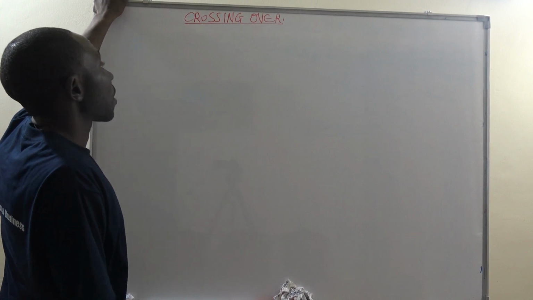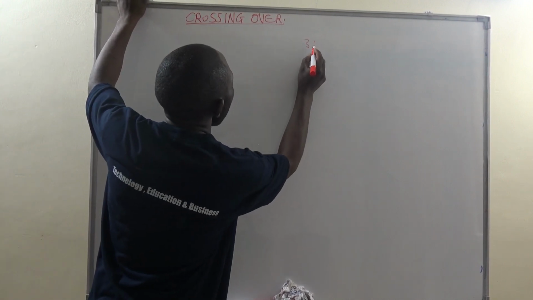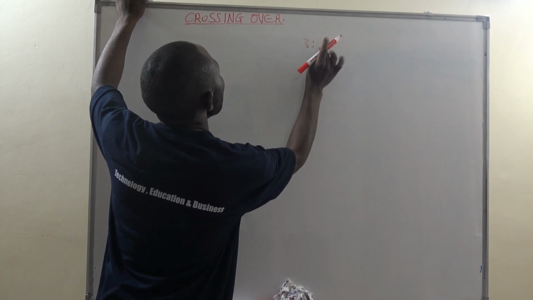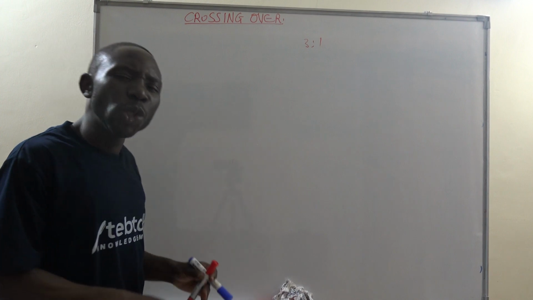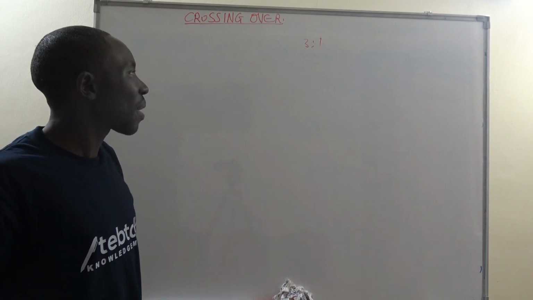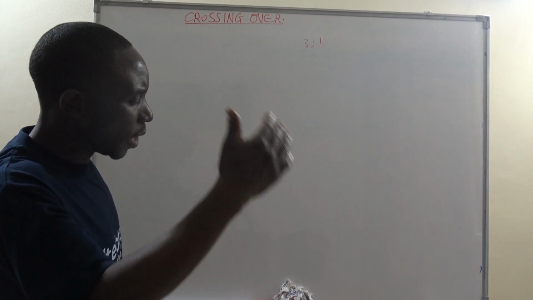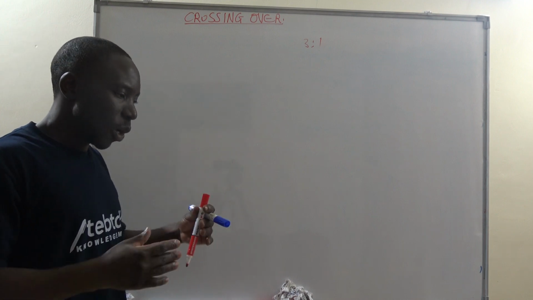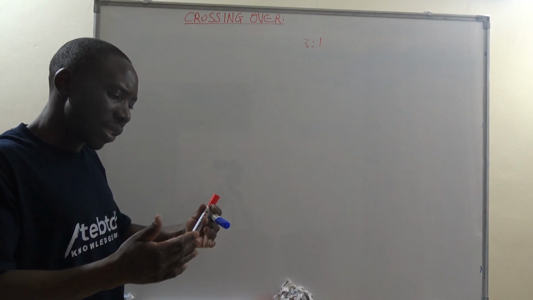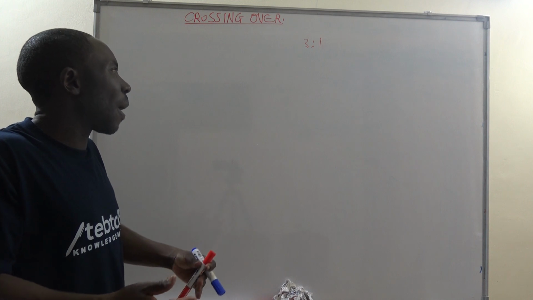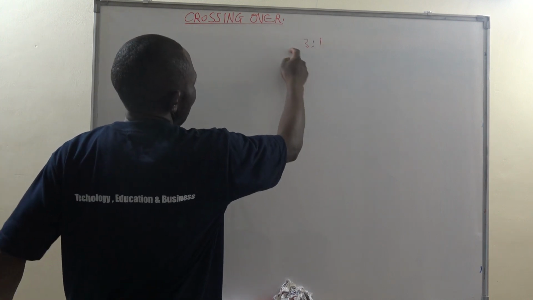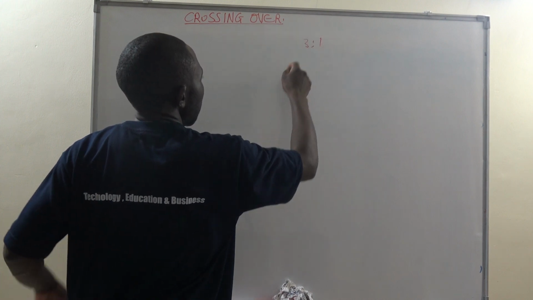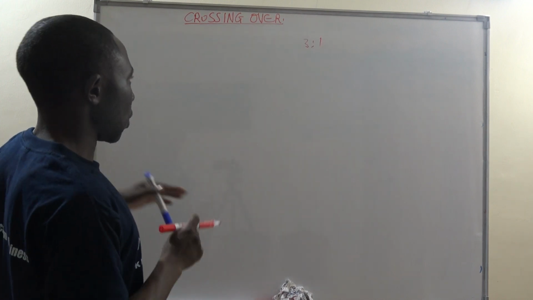In other words, the 3:1 phenotypic ratio when there is linkage is due to the fact that there is no independent assortment.